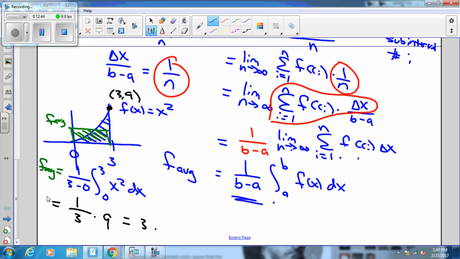Students are sometimes puzzled when they see that the average height is 3 because they see that the minimum height is 0 and the maximum height is 9, and so they reason incorrectly that the average height should be halfway between the min and the max. It should be 4.5, and it's not. Why not? The reason is that my function spends a whole lot more of its x values below 4.5 right here.